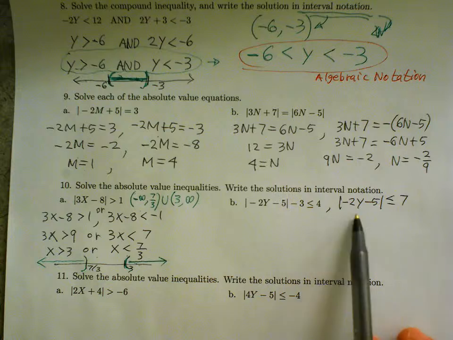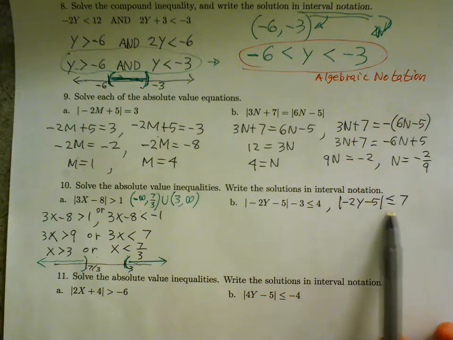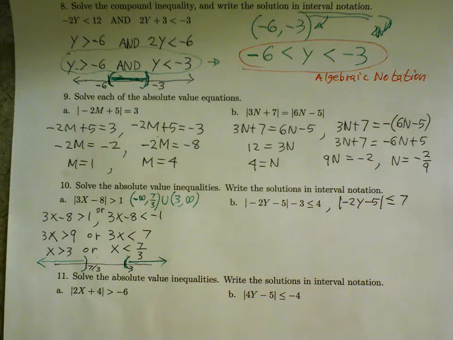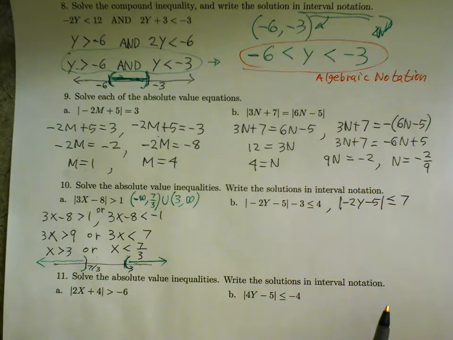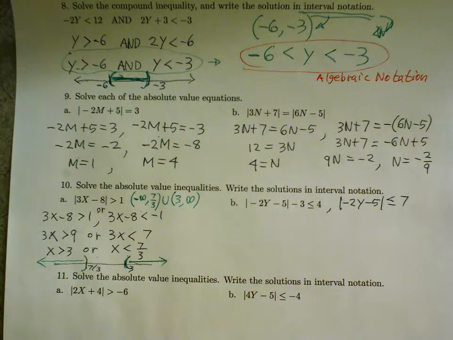If the absolute value of a number is less than or equal to 7, then where must that number be? It must be between negative 7 and 7, and including the endpoints, negative 7 and 7.